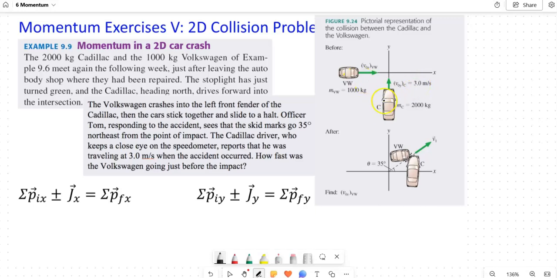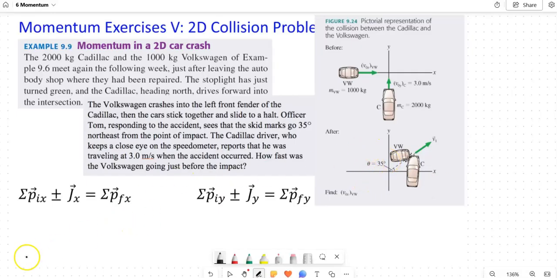Okay, it's going to impact a Volkswagen, which is 1,000 kilograms, moving to the right at some unknown speed. And after the collision, they're going to stick together at 35 degrees.